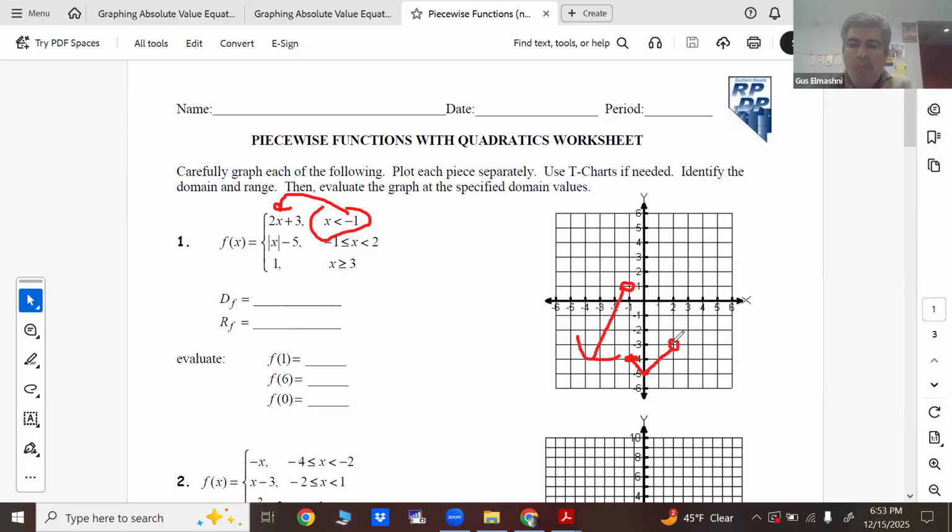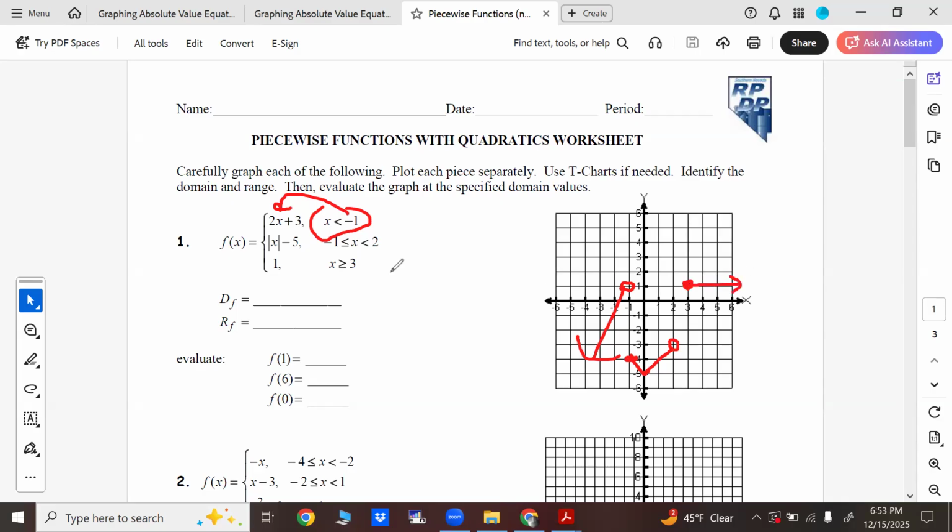Then last here, you have y equals 1, which looks like that, but only when x is larger than 3. It's just right here, included. You do that.